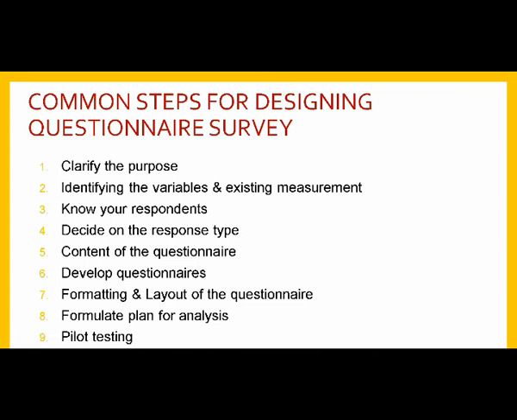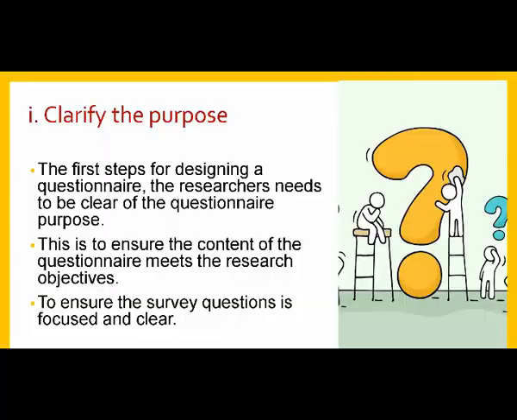Although there is no scientific method for designing an ideal questionnaire, these are some of the common steps that you may follow to design a questionnaire survey. The first step is to clarify the purpose of the questionnaire. So, the researcher himself needs to be clear on the purpose of the questionnaire that he wants to develop.